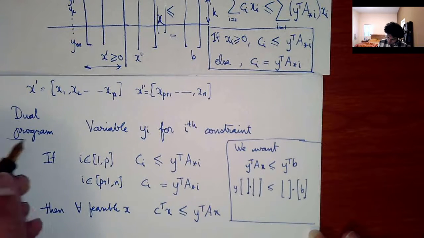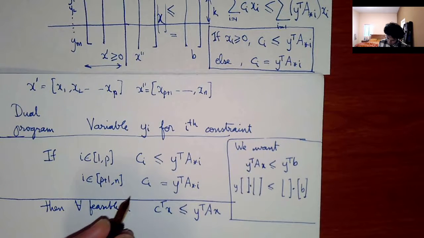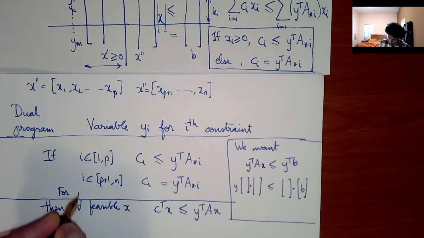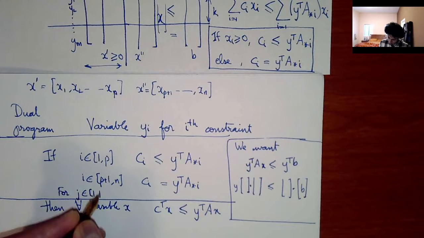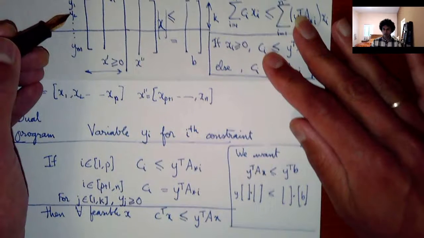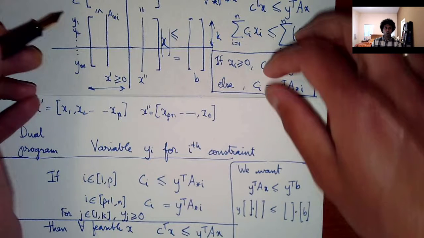And I'm going to put that constraint in here. Just going to write this out over here. I'm going to say for j going from 1 to k, yj is greater than or equal to 0. That's just saying that if I look at these constraints here, I want to multiply it by something non-negative.